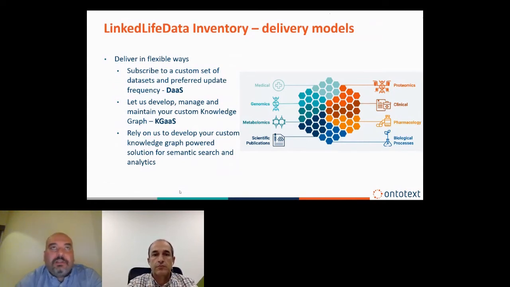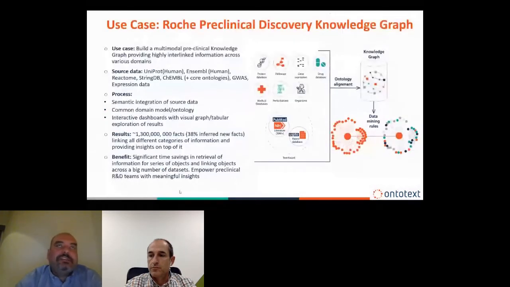very different in scale but very identical in scope projects, starting with the one developed recently for Roche for building a preclinical discovery knowledge graph. So the objective was really to build a multimodal knowledge graph, providing the capability to ask complex queries across different data sets and to bring insights to the end users.